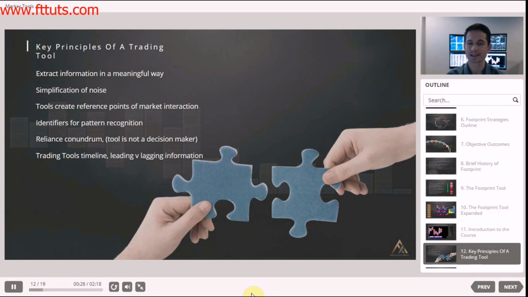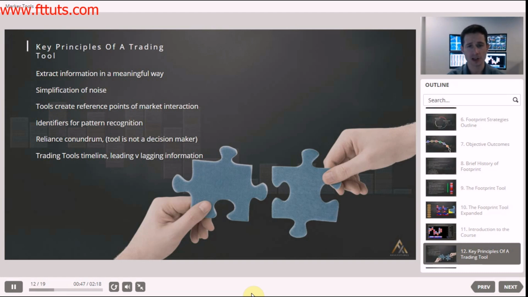Now, the reason I wanted to discuss this very early on in the course is that one of the biggest errors I see a lot of young and developing traders make is an over-reliance on the trading tool to make decisions. One of the key principles of a trading tool is that the tool is there to extract information in a meaningful way.